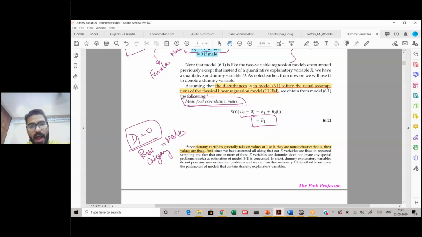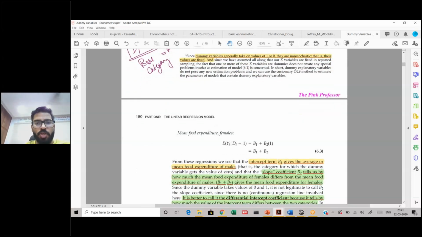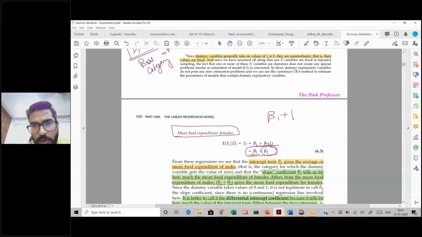And if you put D equal to 1, you will get beta 1 plus beta 2 in that regression. So beta 1 plus beta 2 will be the average food expenditure for females. Now see, this beta 2 is an addition. This mean food expenditure for females is beta 1 plus beta 2.